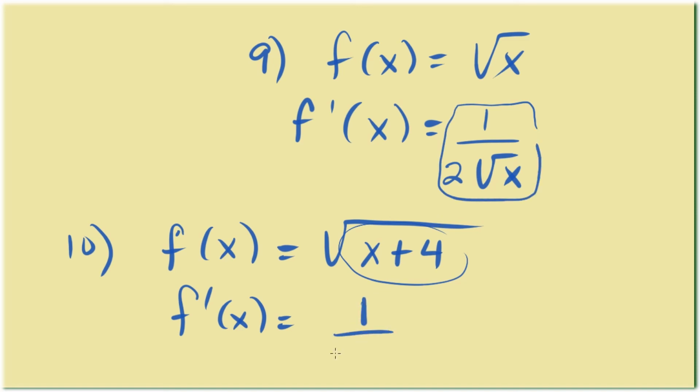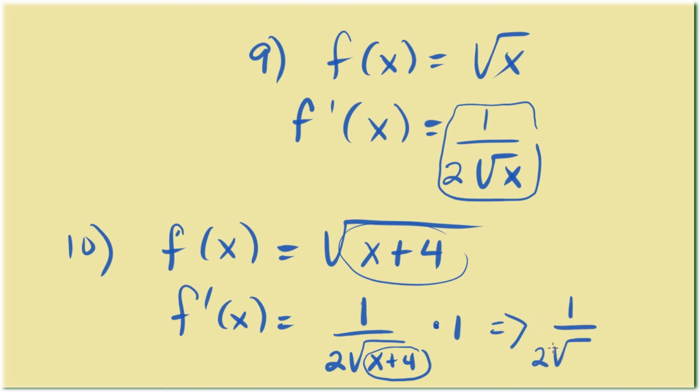So 1 over 2, the square root of that x plus 4. Now this is the one extra step, okay? You get the derivative of this radicand, which is just 1 anyway, because the 4 is constant, its derivative is 0. Okay, so just to make sure that we're consistent in using the chain rule that involves square root, we want to make sure to do that extra step. So 1 over 2 square root of x plus 4.